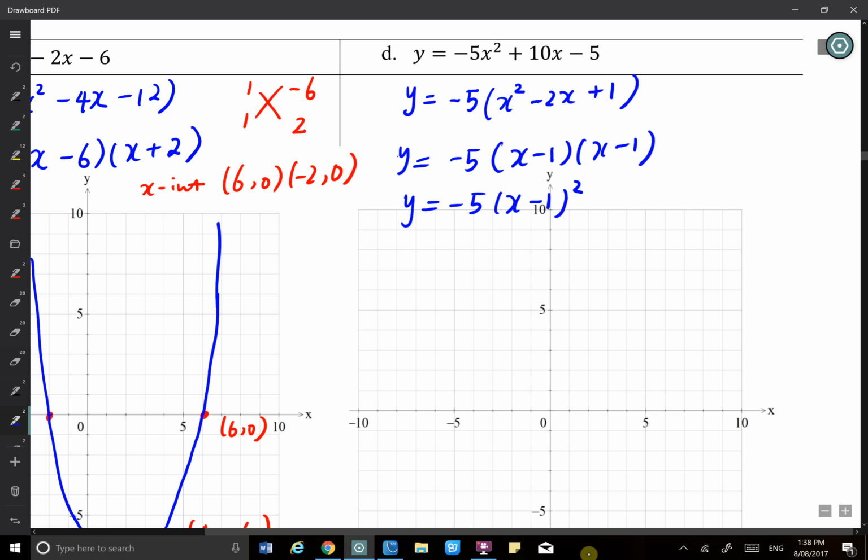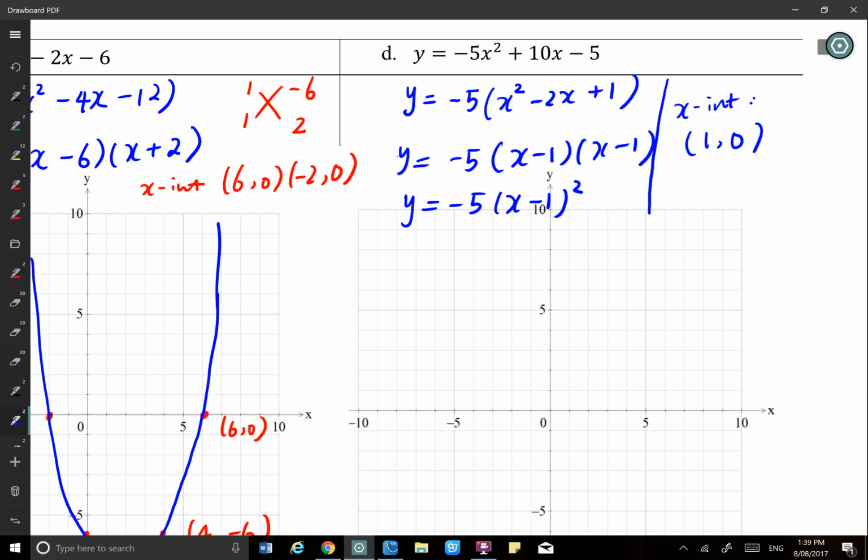So how many x-intercepts do you have? What is that x-intercept? (1, 0). Okay, you have only one x-intercept. In this graph, there is only one x-intercept. What does that represent, or is there anything special about that? It is the turning point.